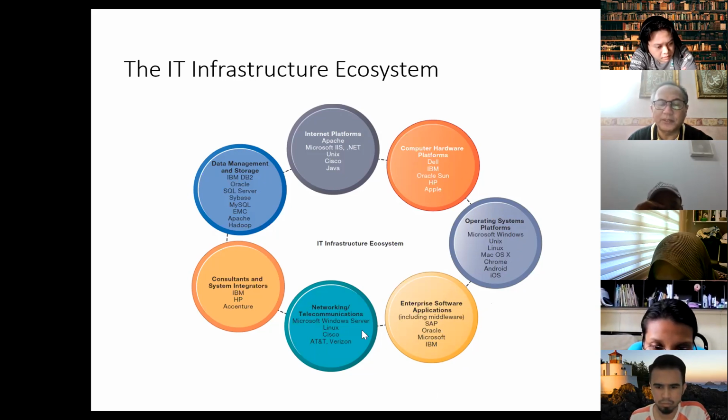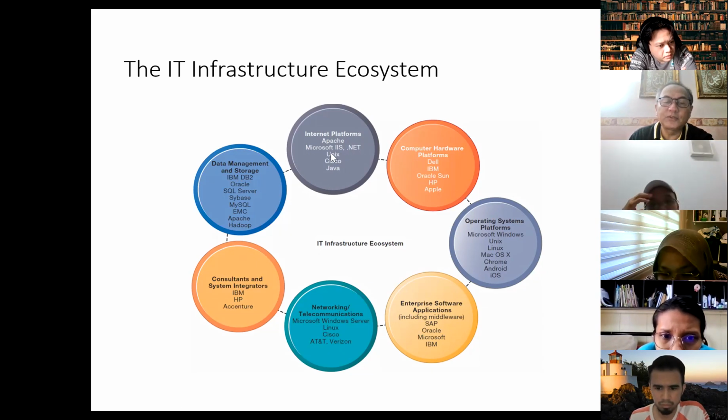And networking and telecommunication systems like Linux, Cisco, AT&T, Verizon, and then the internet platform: IIS, .NET, Apache, Unix, Cisco, Java, and then data management software: Sybase, MySQL, MS, Oracle, Hadoop meant for big data, and then we also have consultants and system integrators.